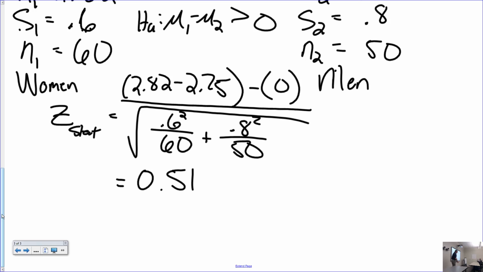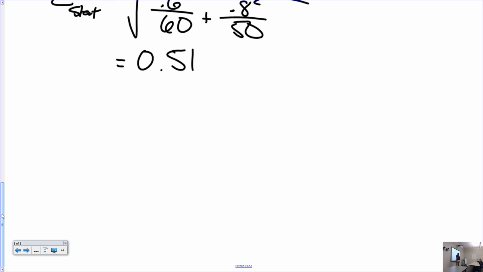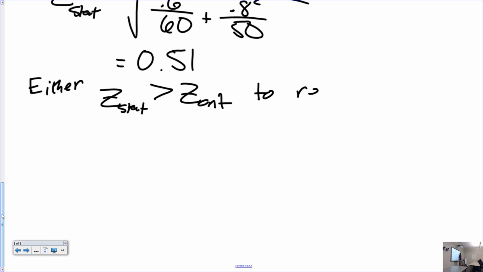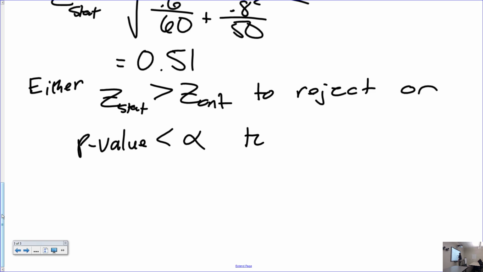So either way you want to do it, right? Either z stat is greater than z critical to reject, or p value is less than alpha to reject. Either of those will do exactly the same thing.